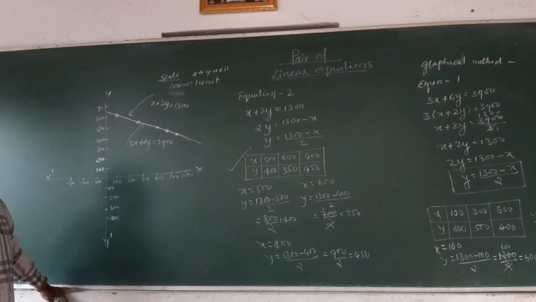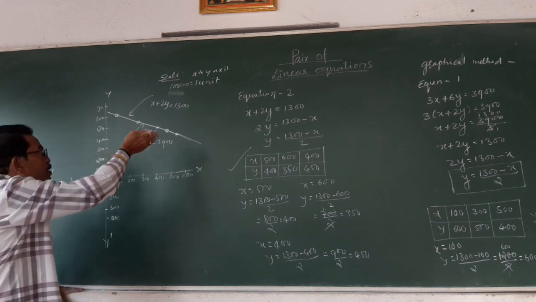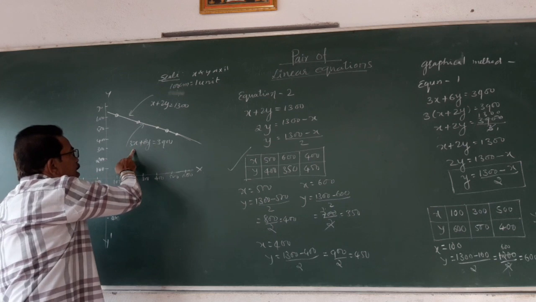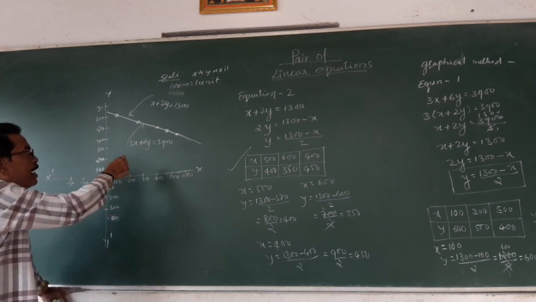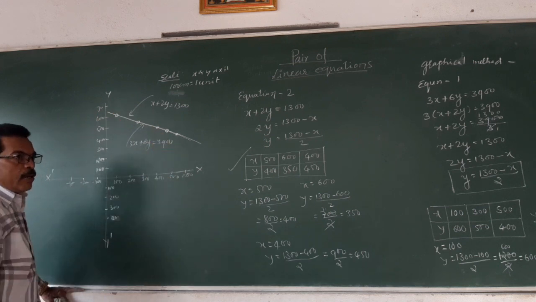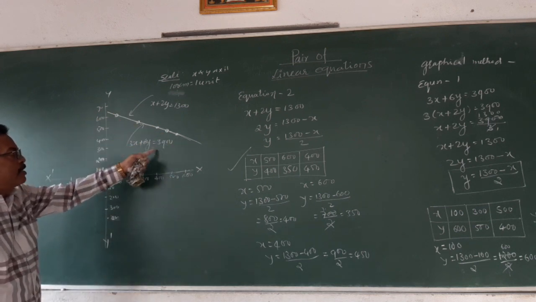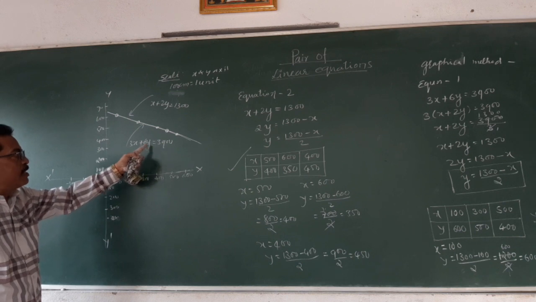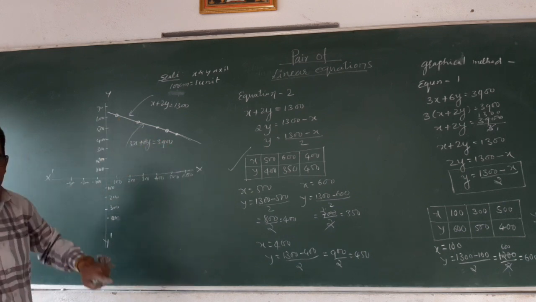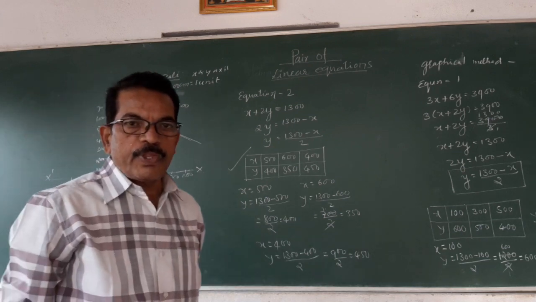And the graphical scale is important, you should write it. Then you should write which type of line you have got, or which equations represent that line, like this: x plus 2y equals 1,300, 3x plus 6y equals 3,900. Both the equations are represented by a single straight line. The points of these equations coincide on this line, so those are the collinear ones. Okay.